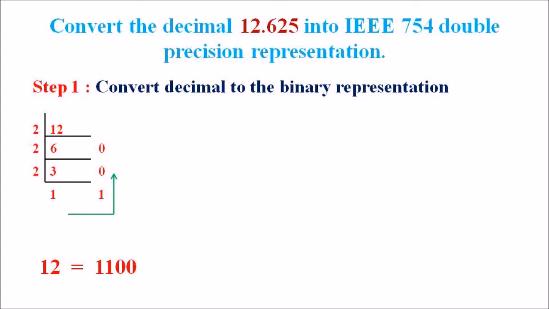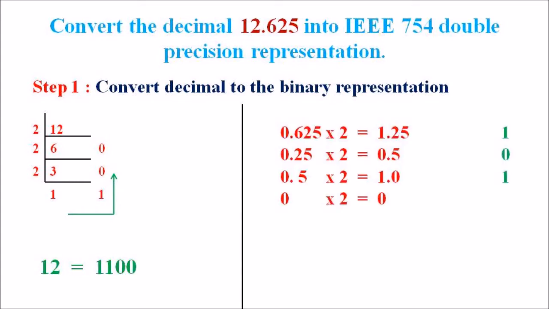That is, the decimal number 12 is represented in binary as 1100. For the fractional portion, 0.625, we multiply the fraction by 2 until the result becomes 0. So 0.625 times 2 gives 1.25. Take the whole number portion, 1, into the result, and the rest, 0.25, is multiplied again by 2.